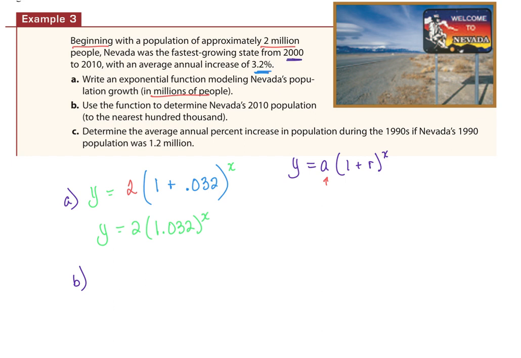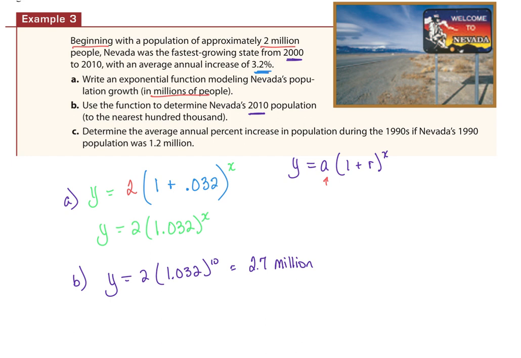Well, if I started in 2000, my X or my time would be how many years away I am from 2010. So I would just plug that in. I am 10 years away. I have been growing for 10 years, so I'm just going to plug that in. When I plug that into the calculator and round it, I will get approximately 2.7 million people is what it would be in 2010.